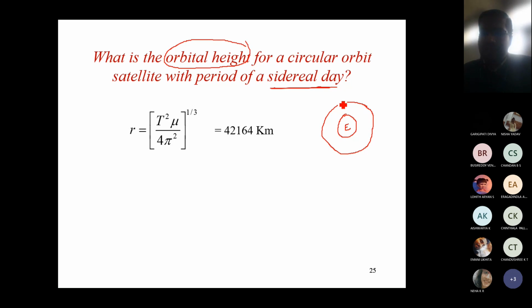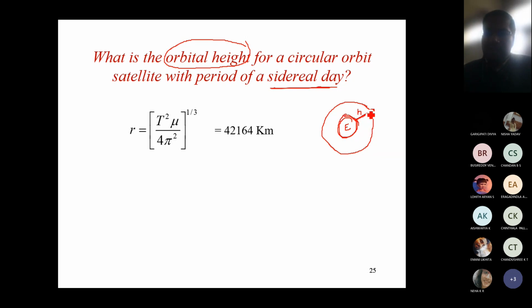So orbital height means at what height from the ground station or from the Earth surface the satellite is orbiting. This is the Earth surface. So at what height is the orbit in which your satellite is rotating. So we have to calculate this.